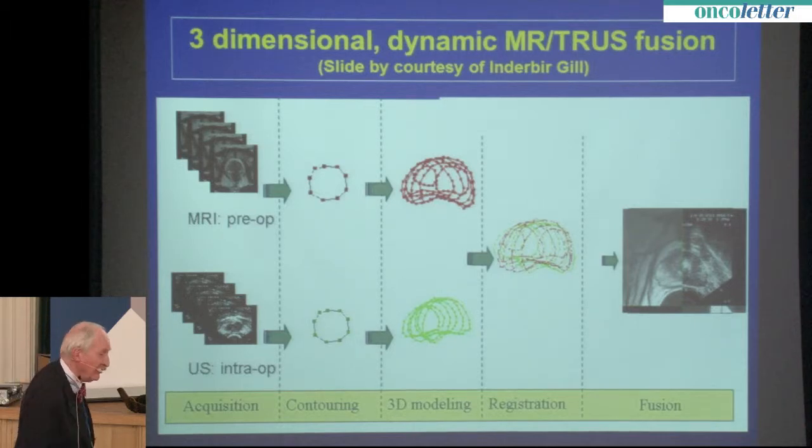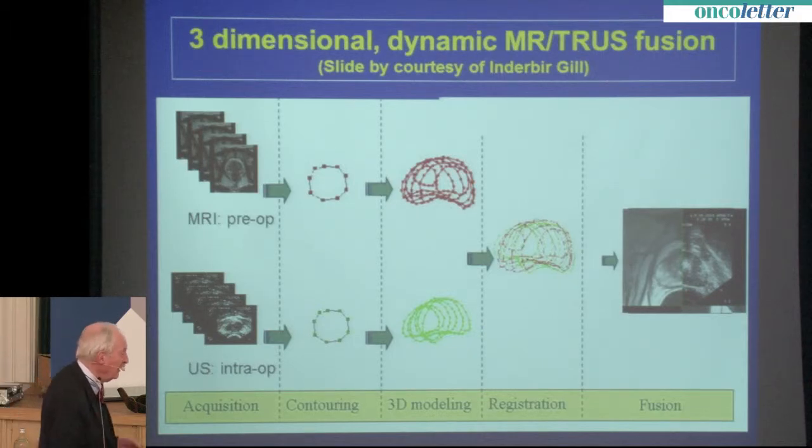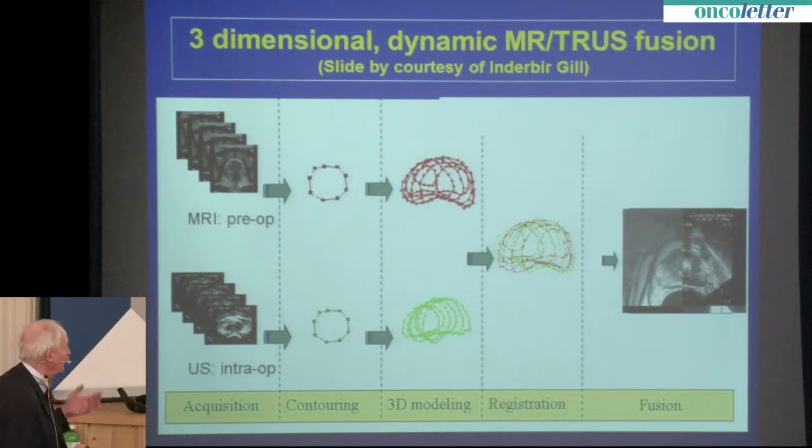But the TRUS-guided biopsies should be combined with the MRI finding, and the possibility that is given to us is to use the TRUS-MRI fusion, which we're also using now in the Netherlands, and I understand is also being used in Göteborg and then probably many other centers, which will allow us to use the MRI scan and at the same time give us the opportunity as urologists to keep the biopsies in our own hands, which I think is very important because we're otherwise going to lose a lot of control, a lot of insight into the management of prostate cancer, and we're probably also going to lose patients, which would be a pity.